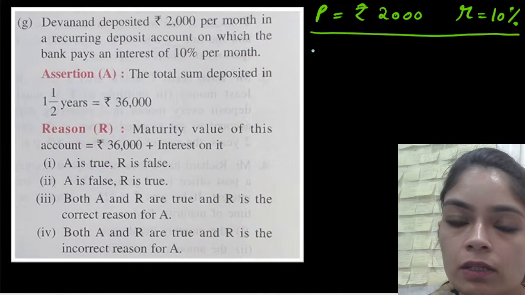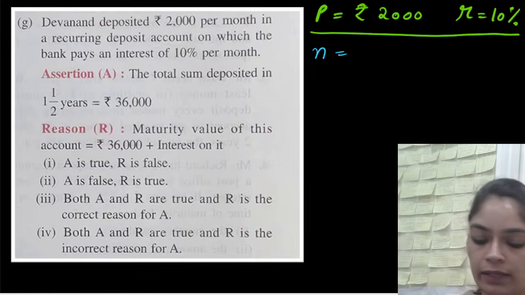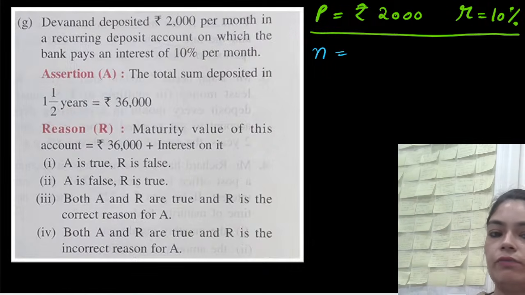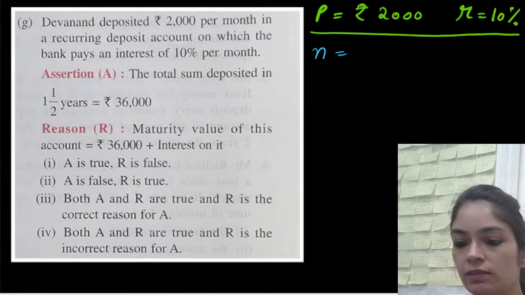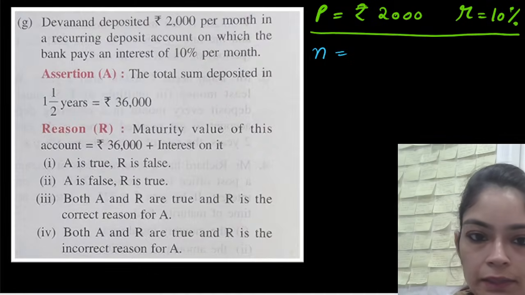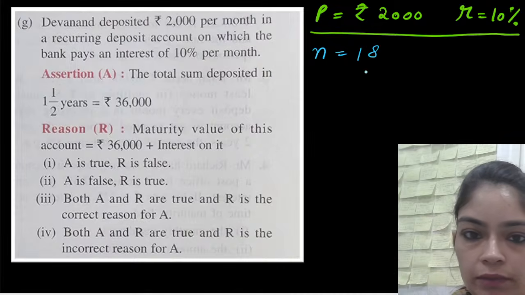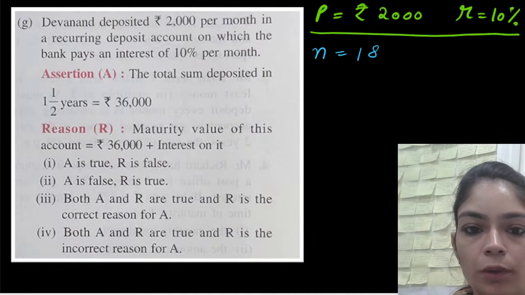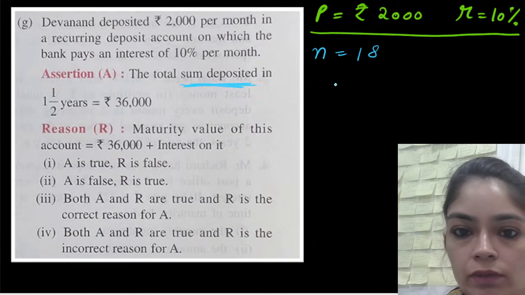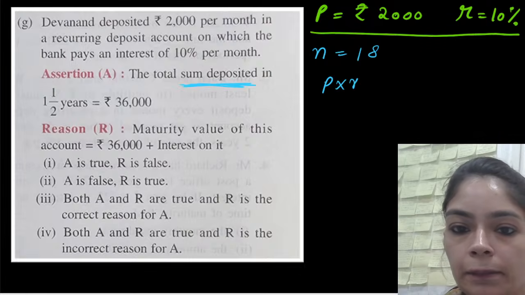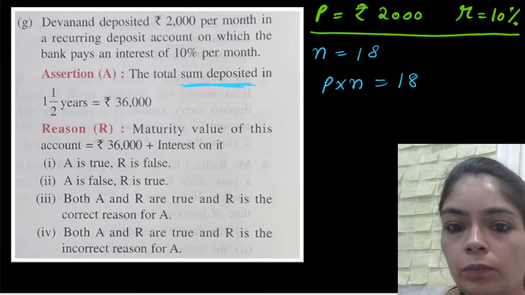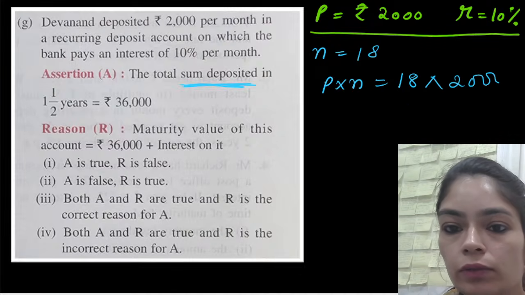If the time period is 1.5 years, what is the value of n? N is 18 months, right? So total deposit we have to find. The total deposit formula I have given you, P into N. So 18 into 2000 you can do.